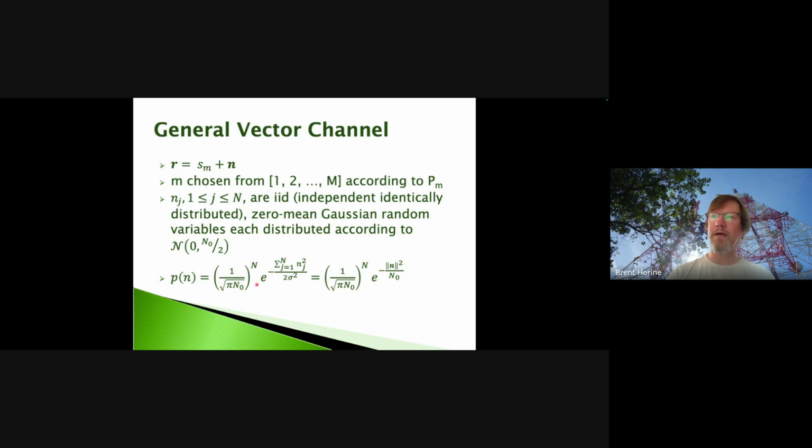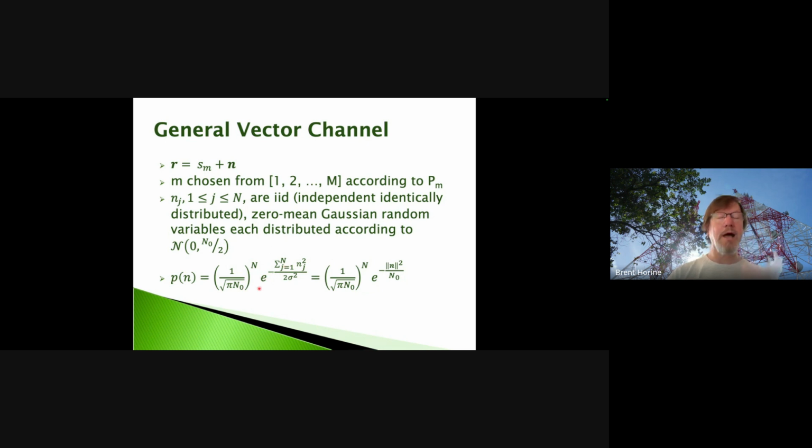Since we're multiplying these things, the coefficient of this Gaussian PDF, the Gaussian probability density function, gets raised to the power of n. There's n of these. The exponents in this exponential get summed, and that's just through the properties of a common exponent.